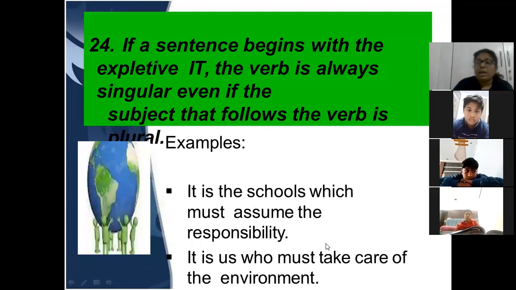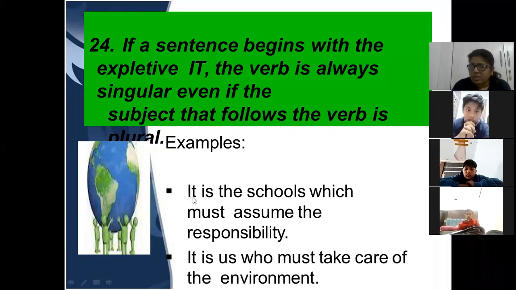Now, the last point is, if a sentence begins with the expletive "it". Now, what is an expletive? It is a word or a phrase serving to fill out a sentence or line of a poem. So if a sentence begins with the expletive "it", the verb is always singular, even if the subject that follows the verb is plural. How can you understand?